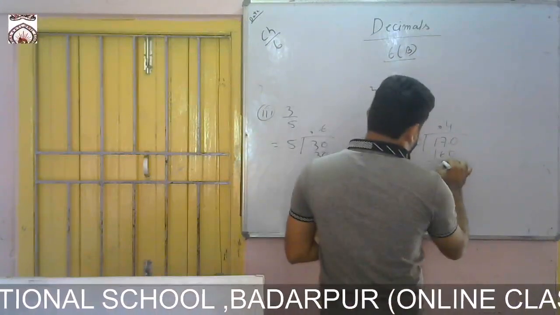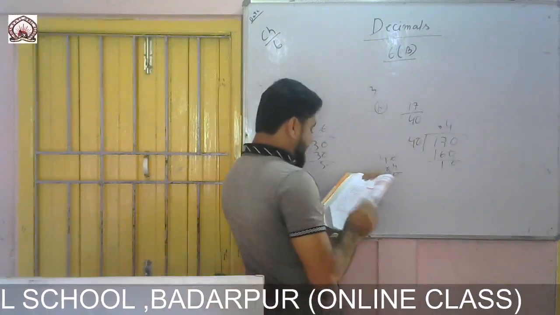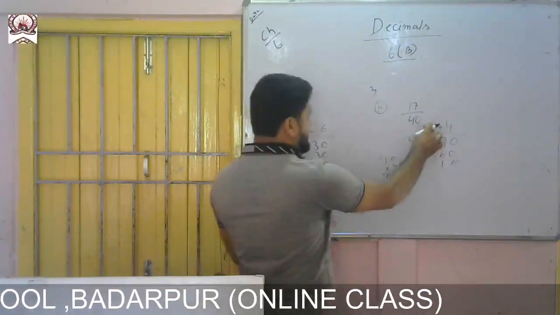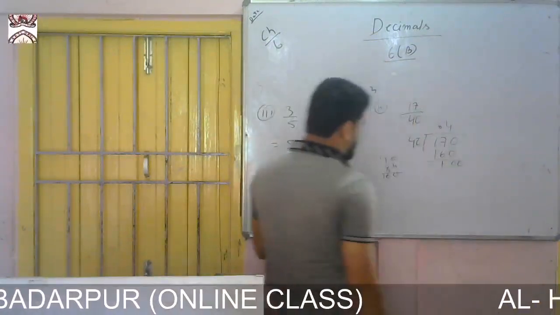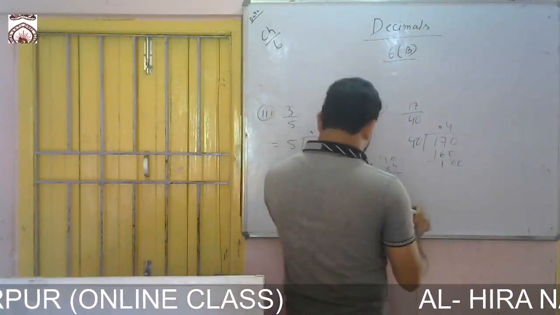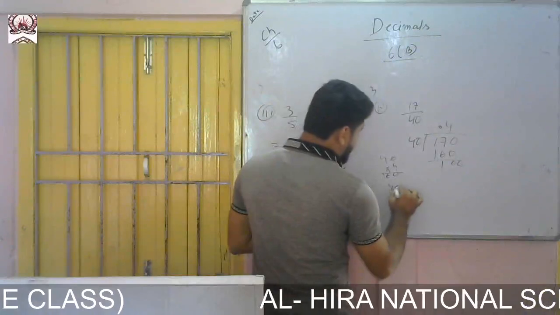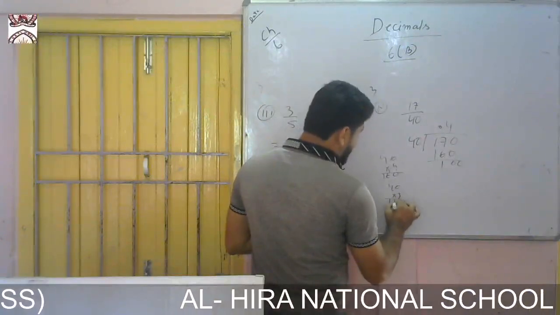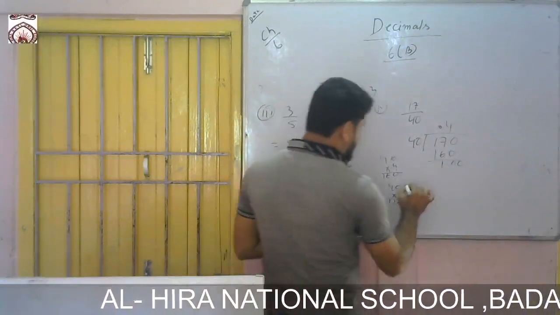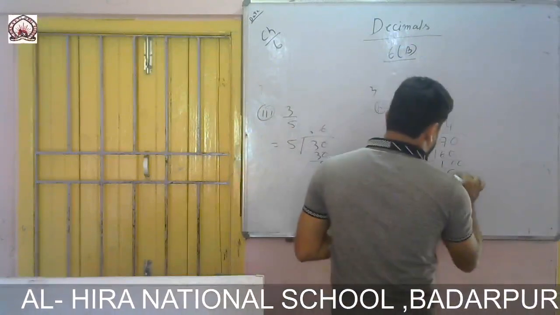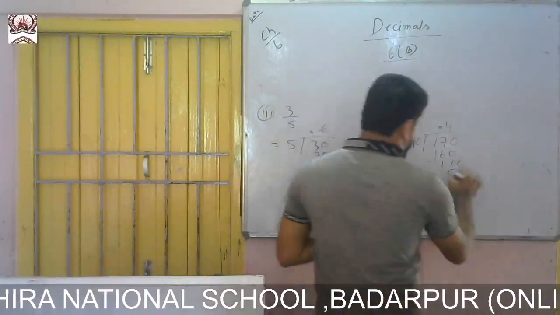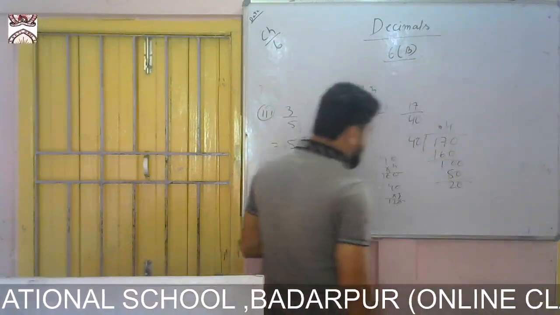Now, 0, 1, 10. So point is there. So we can bring 1 0. Okay. Now I can divide with what? 4 3s are how much? 4 3s are 120. 4 2s are 80. So 100 minus 80 is 20.